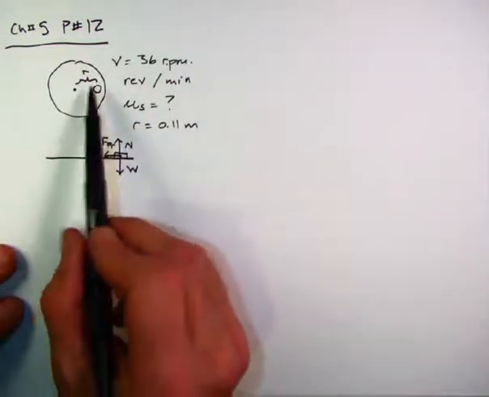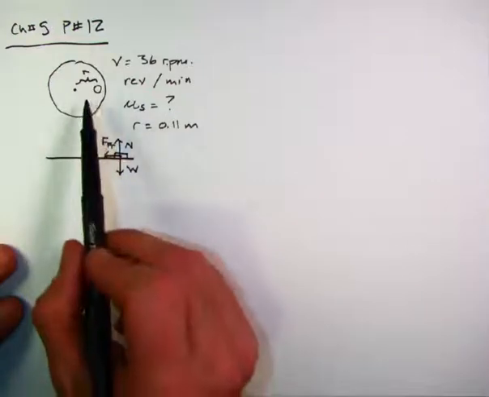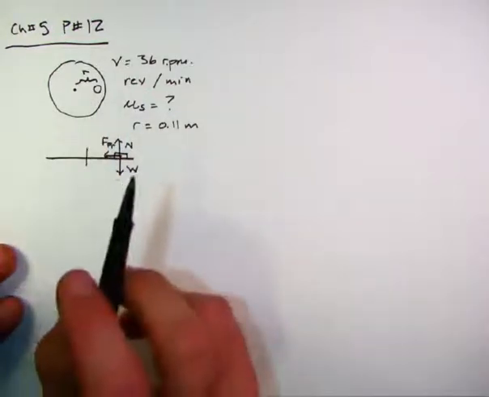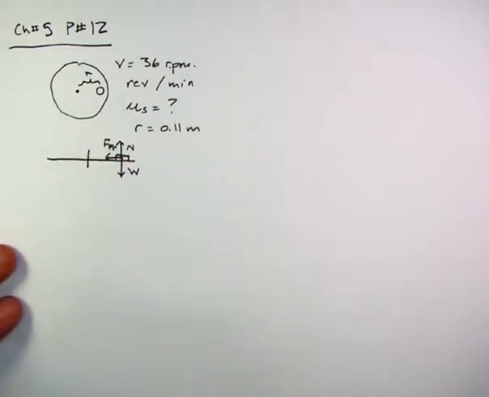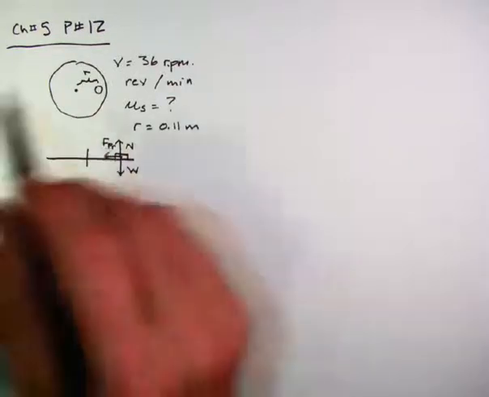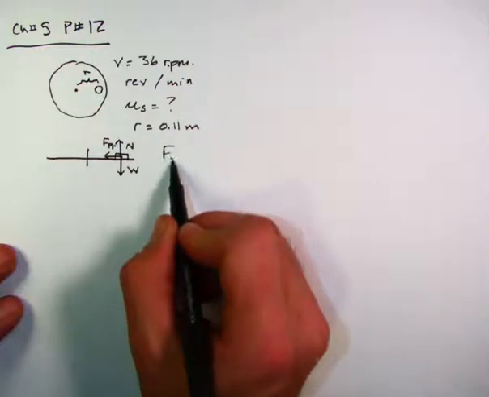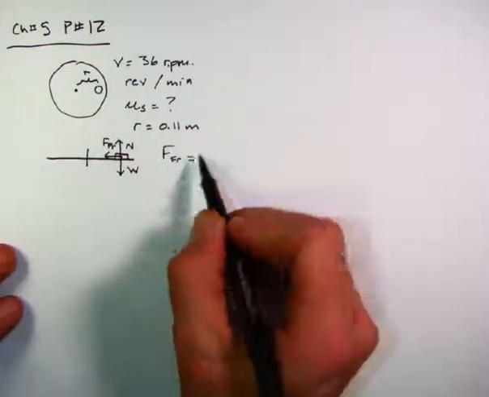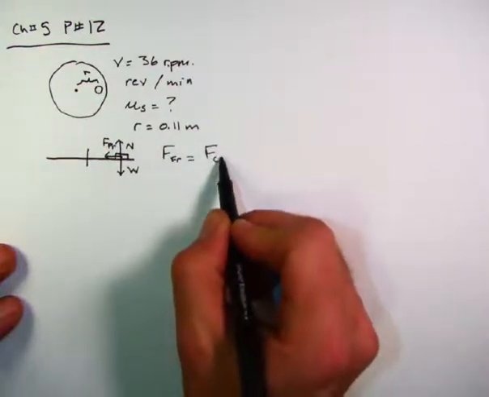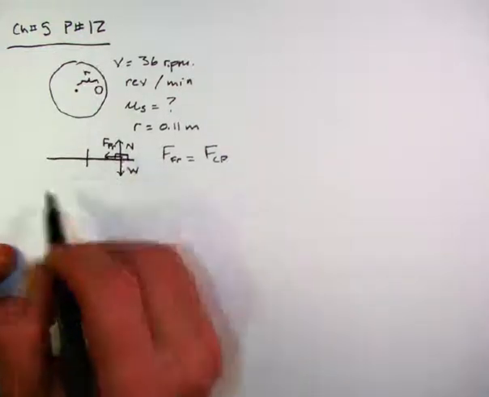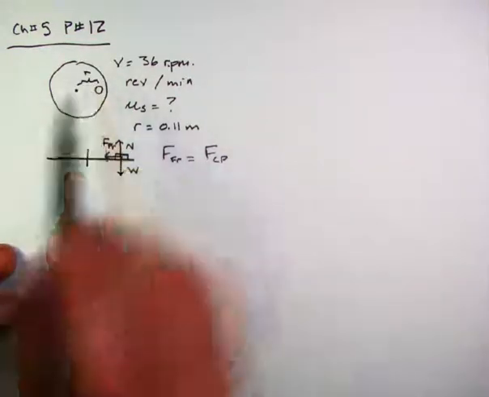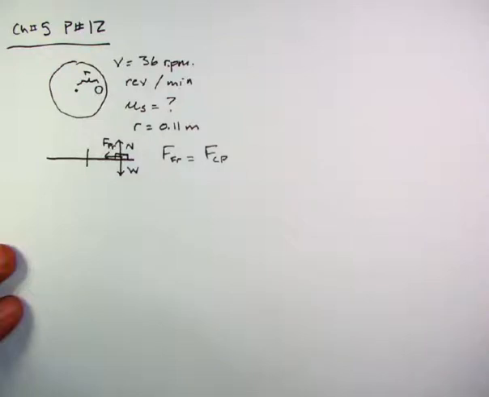Think about it. If there was no friction, this coin would just stay right where it is. It wouldn't spin at all. So it's friction that's causing the coin to rotate. In other words, the frictional force is the centripetal force, what is causing this coin to go around and around in a circle.